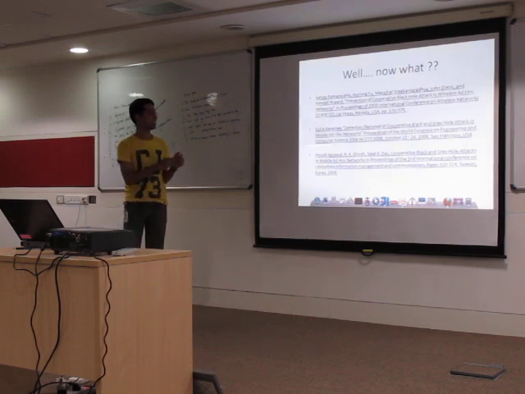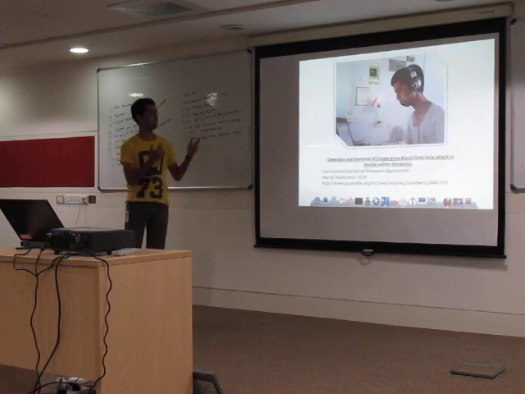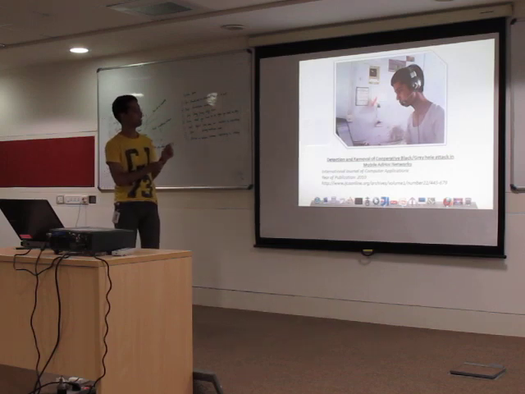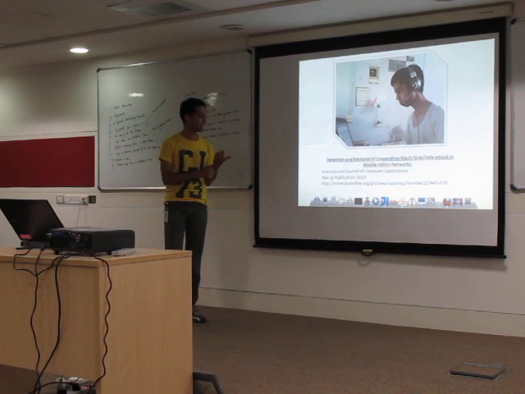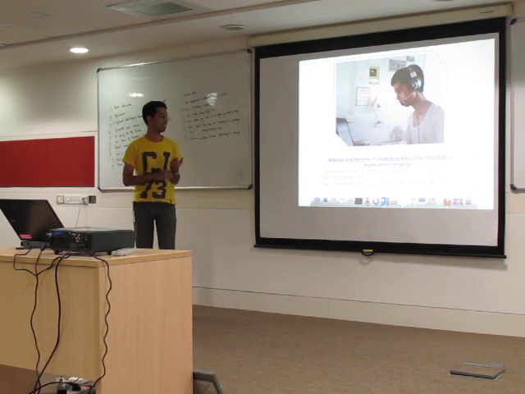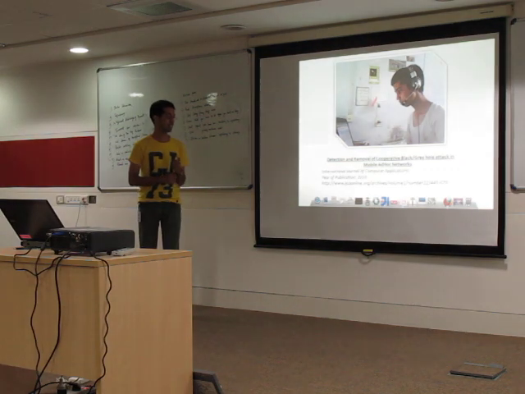Along with these guys, there was one other researcher who also went about searching, and that was about three years ago, when I also wrote a research paper on the same thing: detection and removal of cooperative black and gray hole attacks on mobile networks. That's the URL if you want to check out the paper.